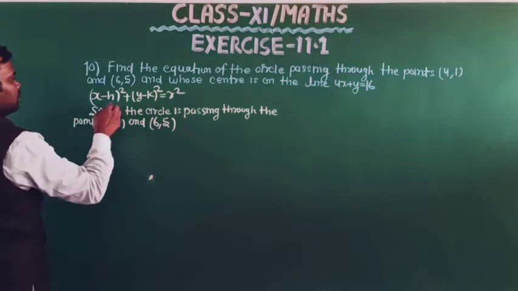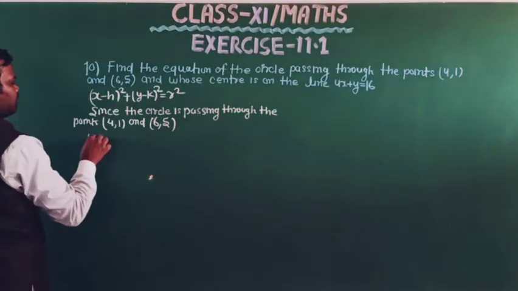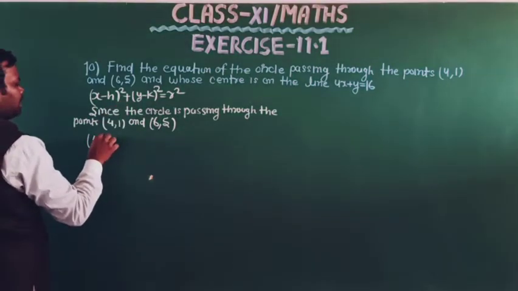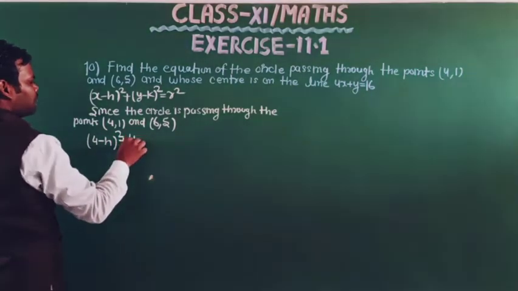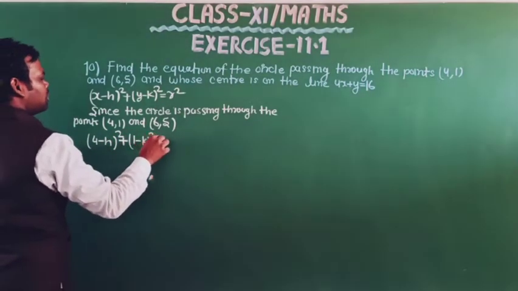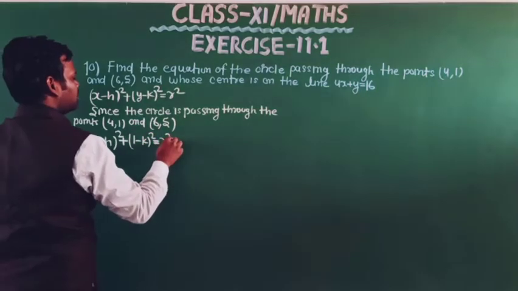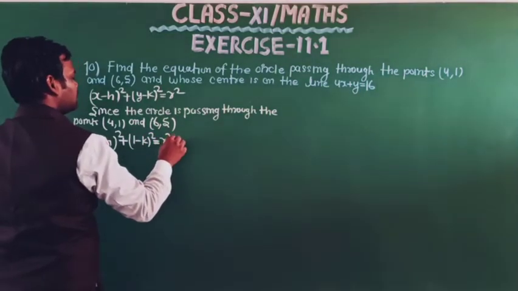So this equation becomes (4 - h)² + (1 - k)² = r².